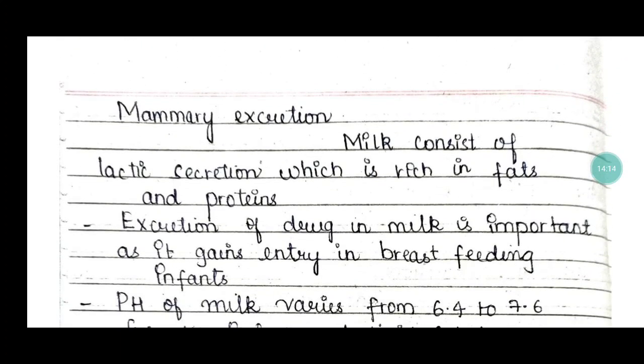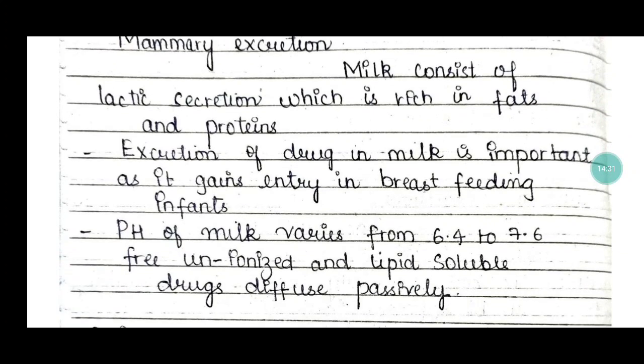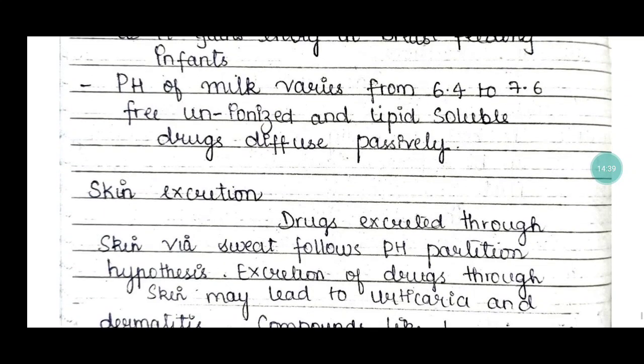And mammary excretion, that is from milk. Milk consists of lactic secretion which is rich in fats and proteins. Excretion of drugs in milk is important as it gains entry to breastfeeding infants. The pH of milk varies from 6.4 to 7.6; free unionized, lipid soluble drugs diffuse passively.